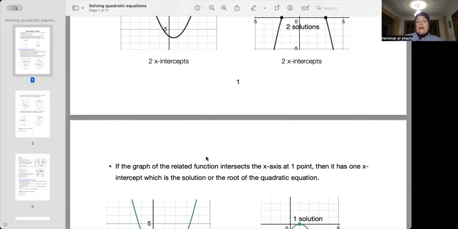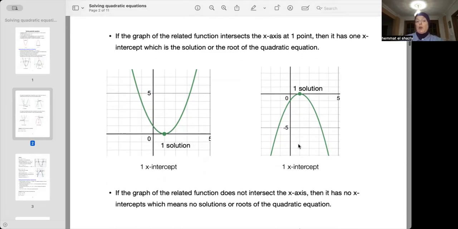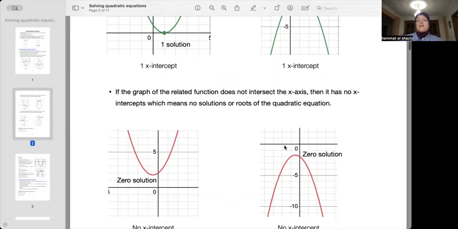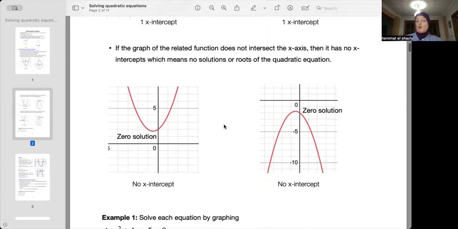If the parabola intersects the x-axis in 1 point, then this equation has only one solution or one root. If the graph does not intersect the x-axis in any point, this means there is no real solution for this quadratic equation.